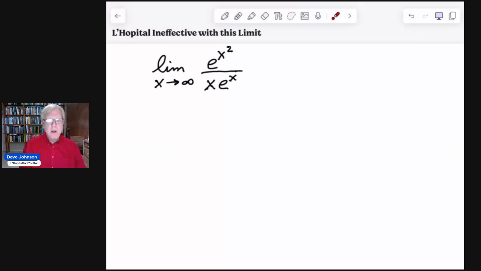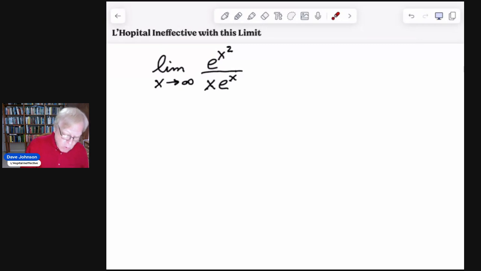And so you're still going to have infinity divided by infinity. Successive differentiations isn't going to help. There is no way to algebraically simplify the e to the x squared divided by e to the x that I know of. By the way, if you do know of a way to do this, please leave a comment below and I would be very grateful.